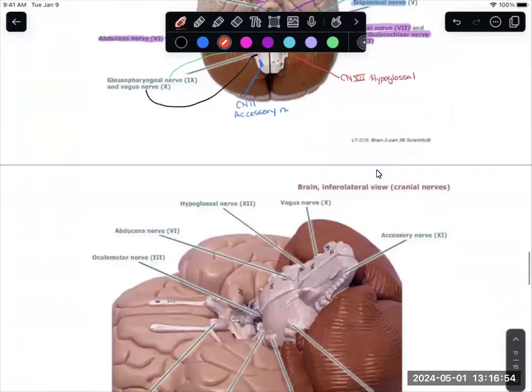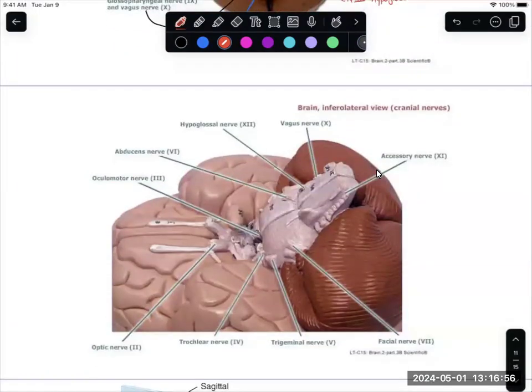They're all labeled here. Here's another view. Some of them you can see much better on this view, actually. So you see that optic nerve. Here I'm going to add in that olfactory.